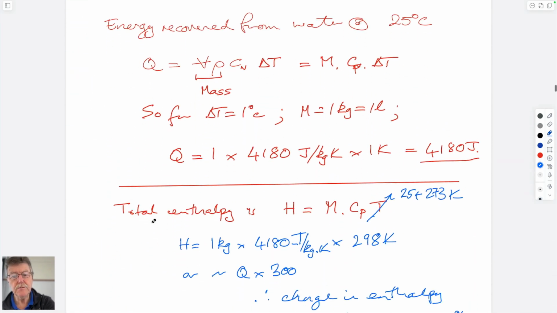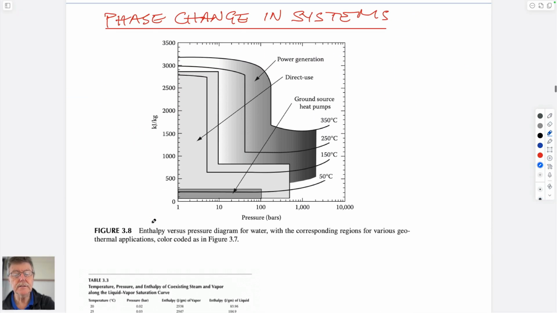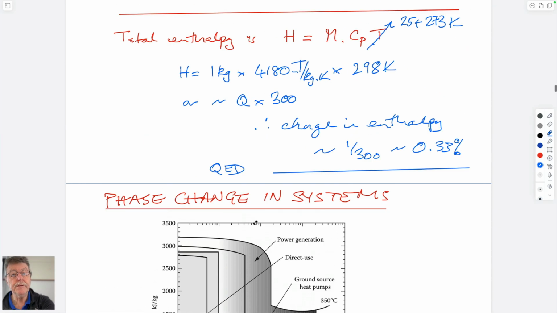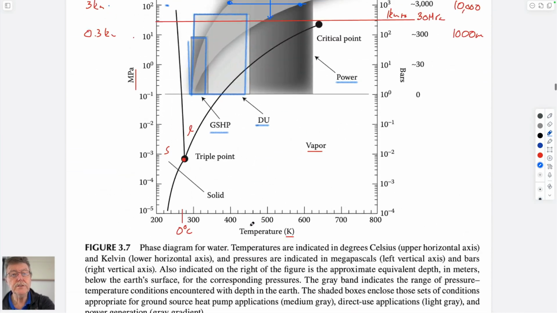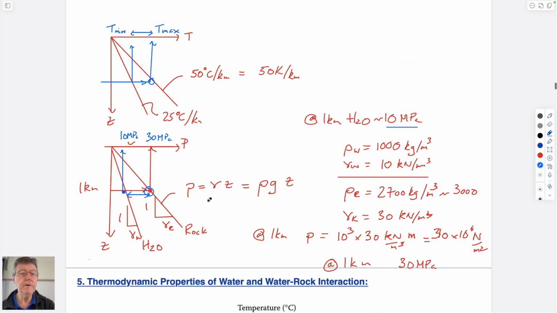And that's that. What else? Finally, I guess, those behaviors in terms of pressure and depth. So if we know now what the pressures and temperatures are, so the point we've made here, that as we go down with depth, we have both an expected temperature and an expected pressure.